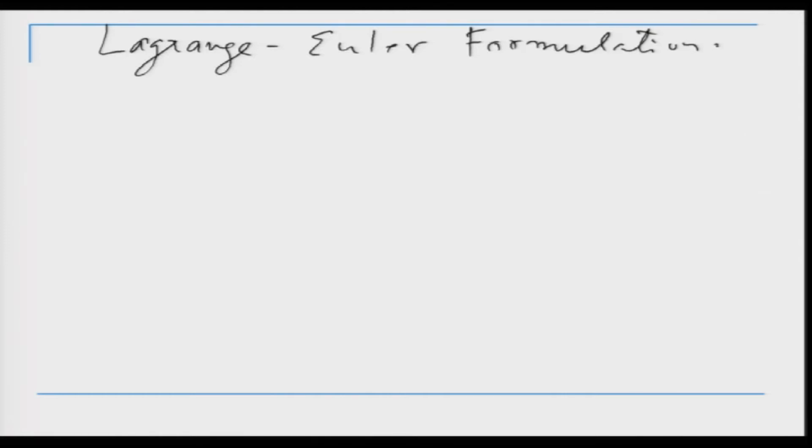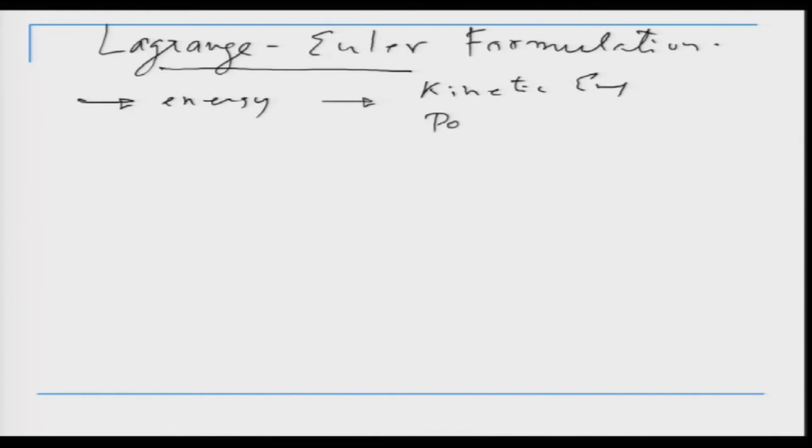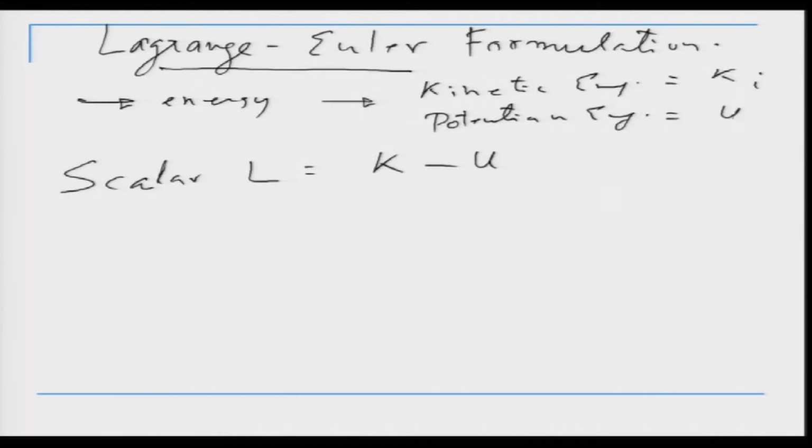This is an energy based method, where we look at the kinetic energy and the potential energy of all the links, and we form a Lagrangian. This is a scalar function L, called the Lagrangian, which is taken as the difference between the kinetic energy minus the potential energy. Let me call these k_i and u_i.